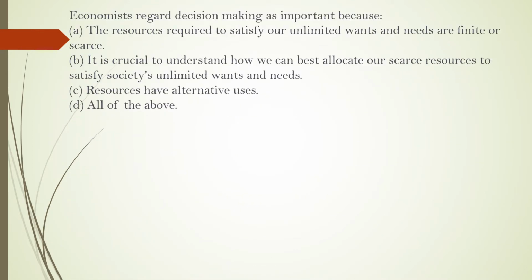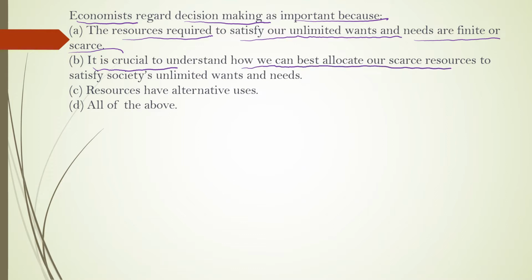Dear students, next question is: economists regard decision making as important because resources required to satisfy our unlimited wants and needs are finite or scarce. It is crucial to understand how we can best allocate our scarce resources to satisfy society's unlimited wants and needs.